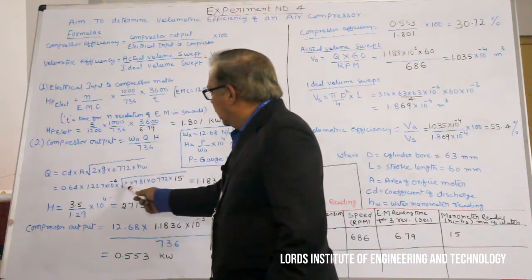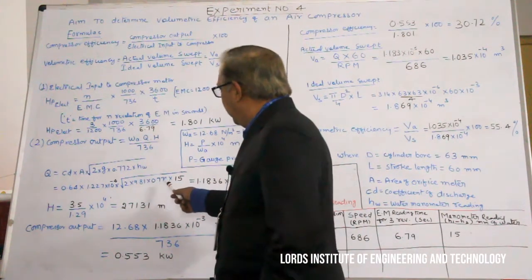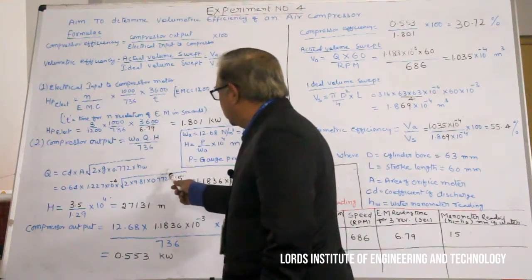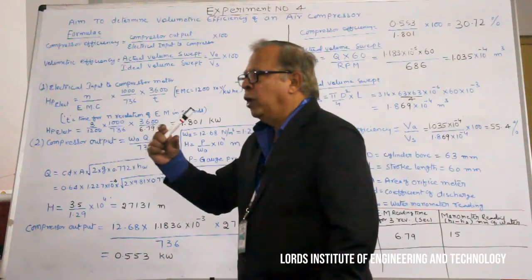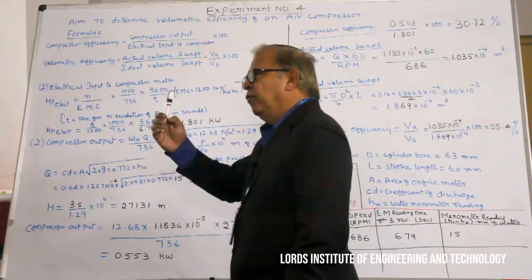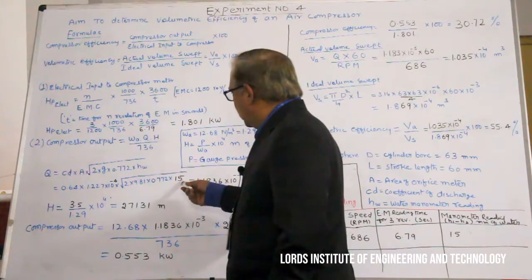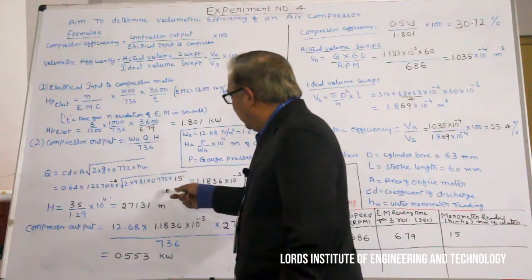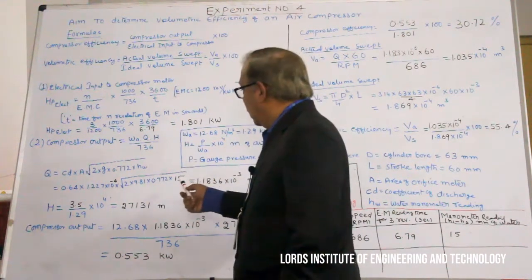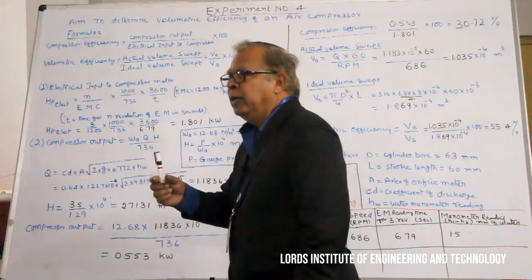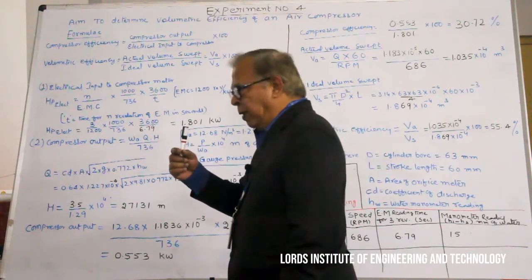So it is under root 2 into 9.81 into 0.772. This is a constant, into 15 mm of manometer head. This head which is shown in that manometer is given in mm of water. So this is a conversion factor. Again, we have to calculate the velocity of air, not velocity of water. So here we are using the manometer reading because the manometer is in mm of water.